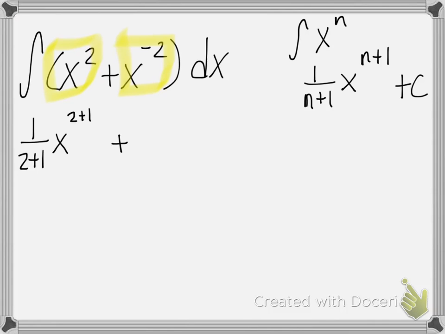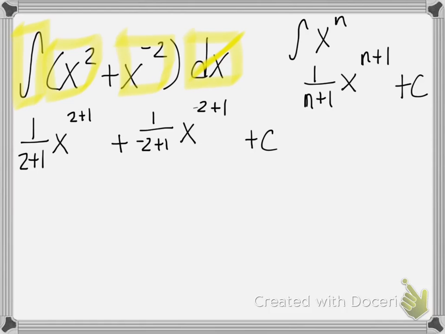Then it's going to be plus our 1 over negative 2 plus 1, then there's our x to the negative 2 plus 1. And since we just have taken the antiderivative of that, the dx will just disappear and go away. And since we're doing an indefinite integral, we're going to have a constant out here, so there's our plus c.